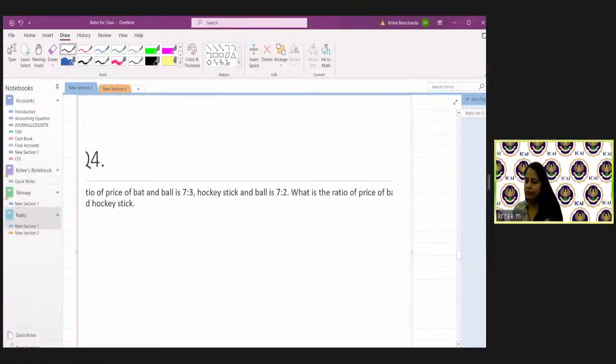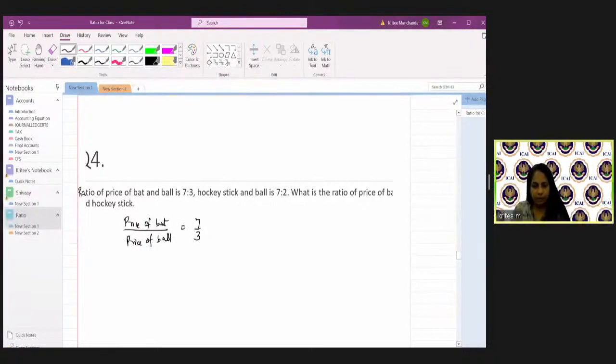The next question. Now these are some application type questions. The ratio of price of bat and ball is 7:3. That is, price of bat on price of ball is 7:3.